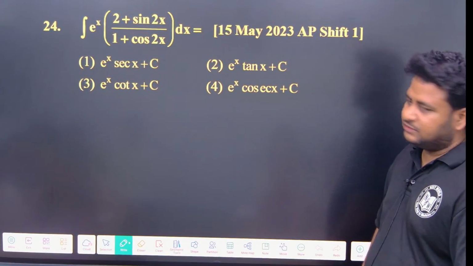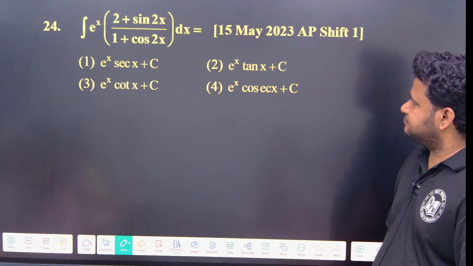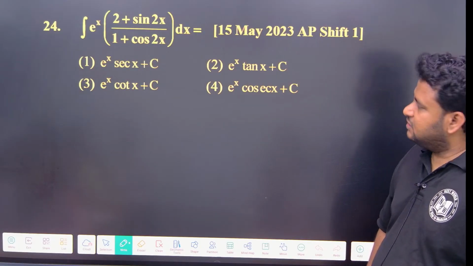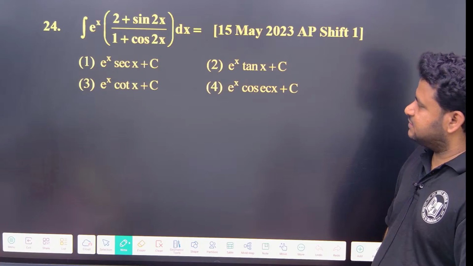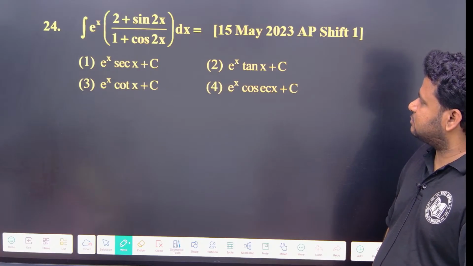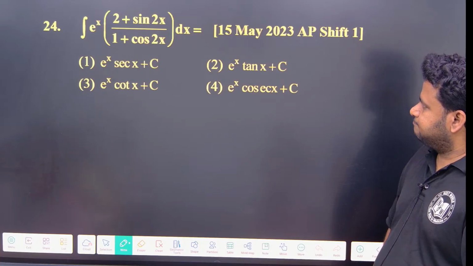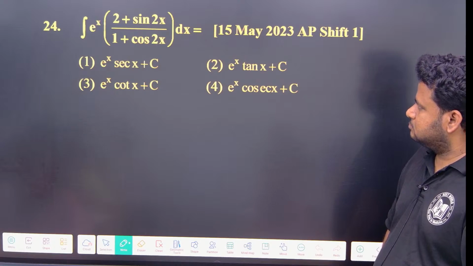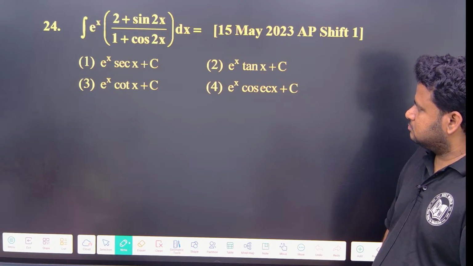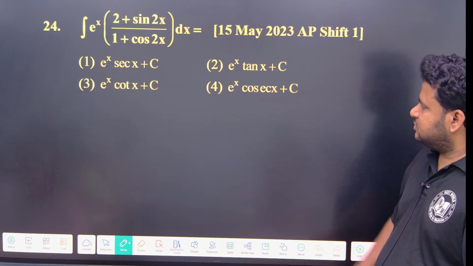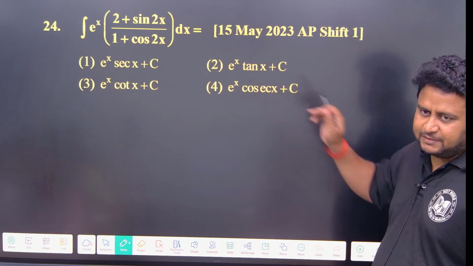This question, see here: e power x into (2 plus sin 2x) by (1 plus cos 2x). Make a note of it, copy this question, try by yourself.